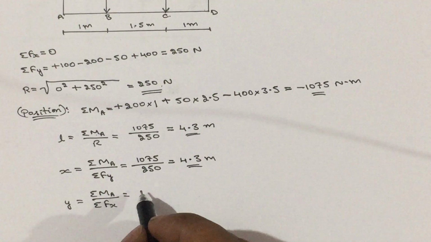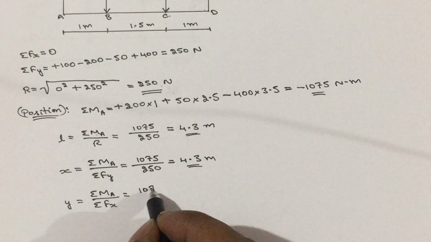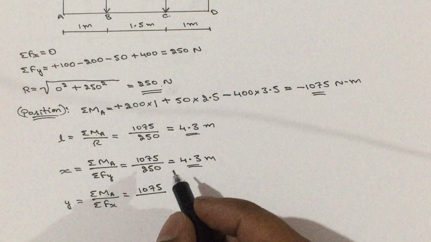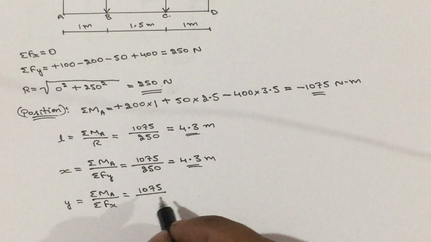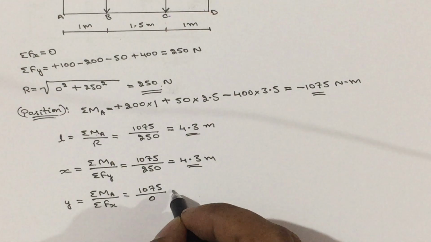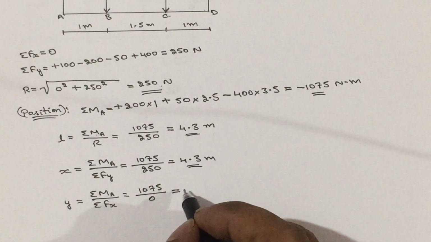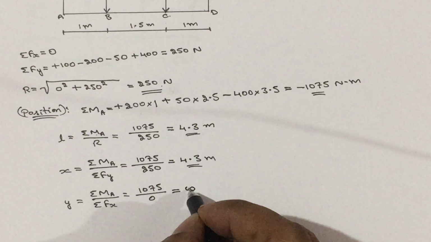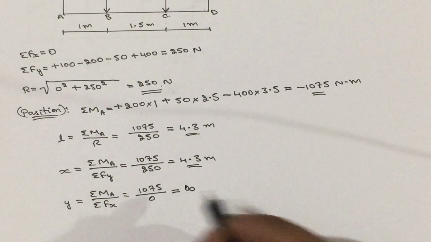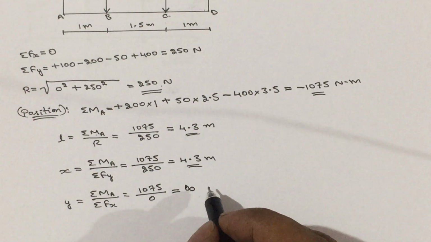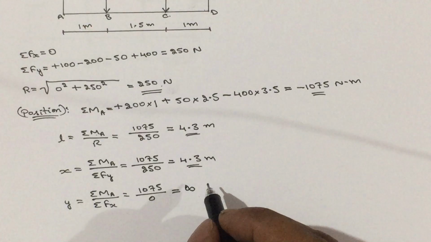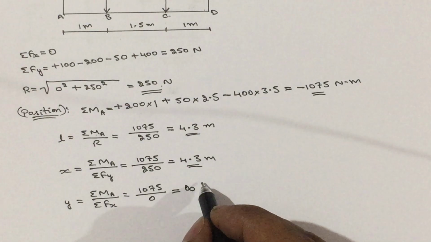Then sigma MA is 1075. Then sigma fx, it is 0. So anything divided by 0, you are going to get infinity. What does infinity mean? It never meets, or we don't know where it will meet.